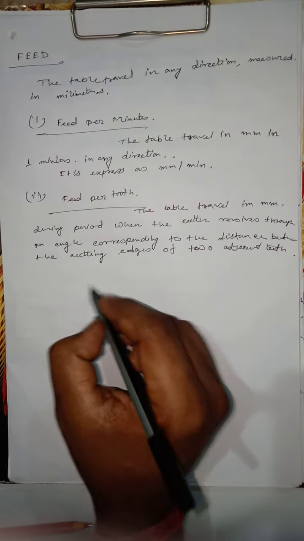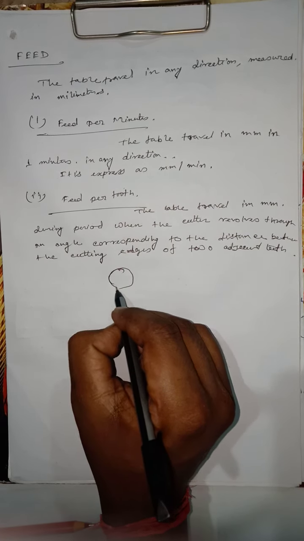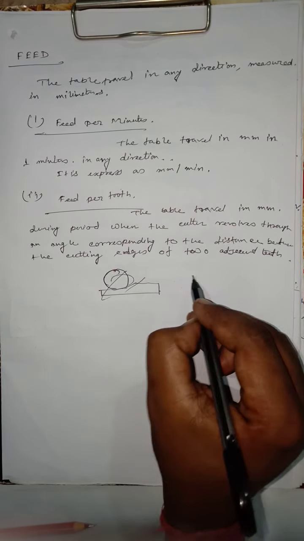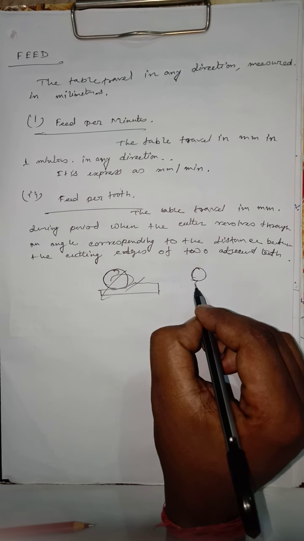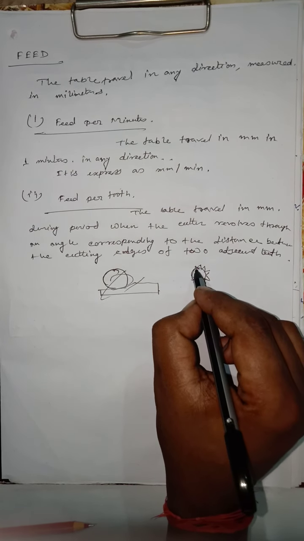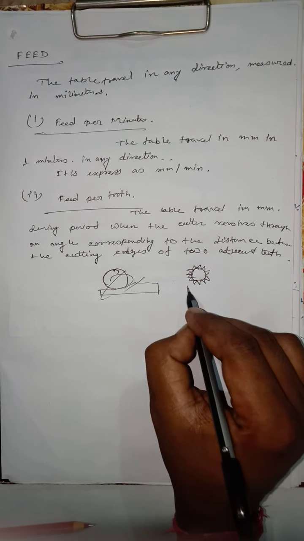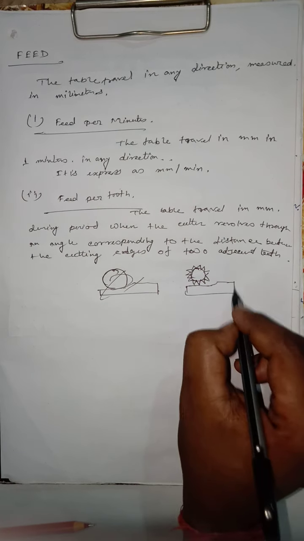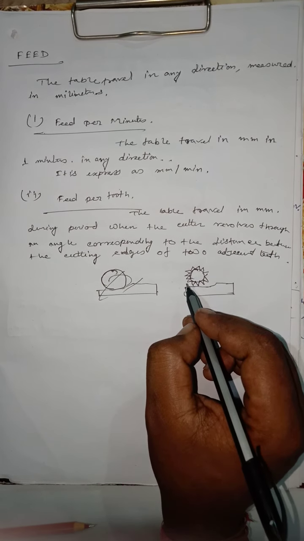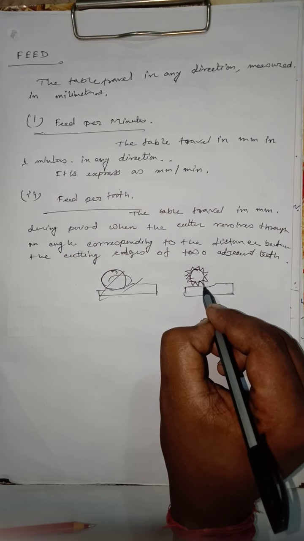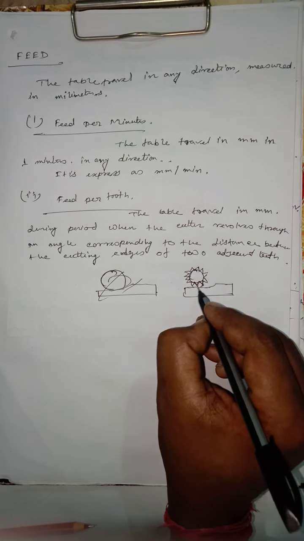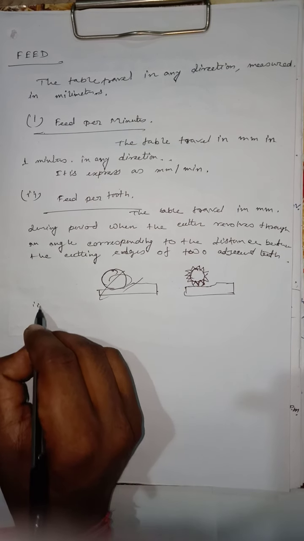In a milling machine there is a cutter. Feed per tooth means the distance the table travels when the cutter revolves through the angle corresponding to the distance between this tooth and this tooth.